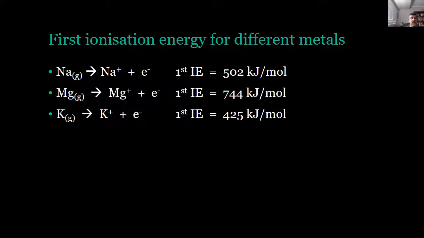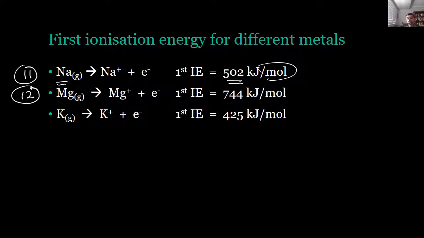We can also compare the reactivities on the basis of these first ionization energies for different metals. Here is sodium. Its first ionization energy is 502 kilojoules per mole, and this term is one that we'll look at in the next couple of videos. Magnesium is the element next to it. Sodium is element number 11 and magnesium is element number 12.